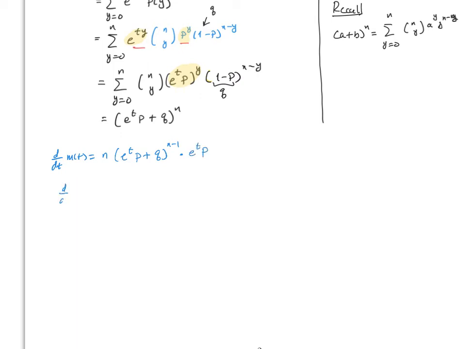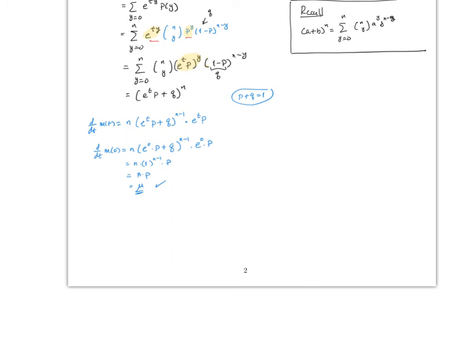Then we evaluate the derivative at 0, so it will be n times e to the 0 times p plus q to the n minus 1, times e to the 0 times p. Notice that for the binomial, p plus q has to always be 1, so this will be n times 1 to the n minus 1 times p, but 1 to any power is just 1, so this is n times p, which is exactly the mu that we had before, so that's perfectly fine.